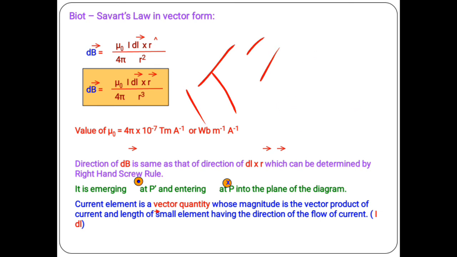So Tesla is the SI unit, and other units are Weber per meter squared or Gauss. Here the value of mu naught is 4 pi into 10 to the power minus 7.